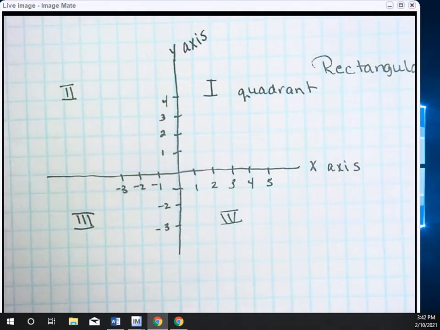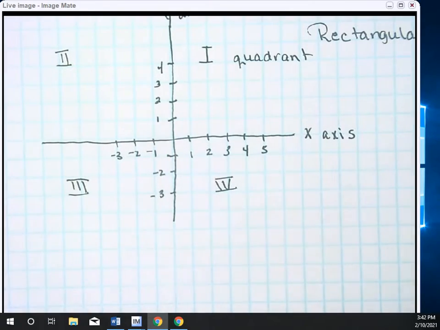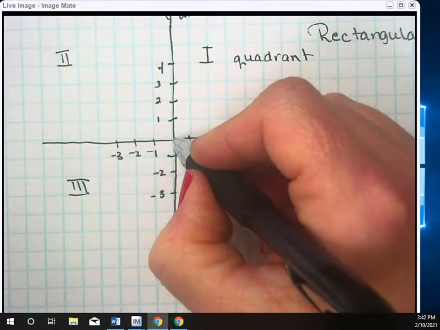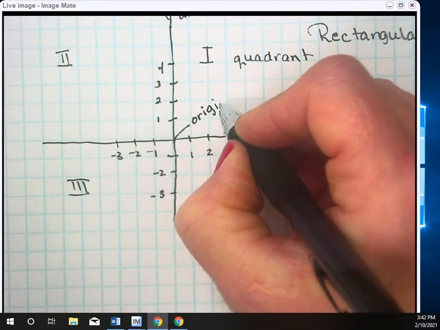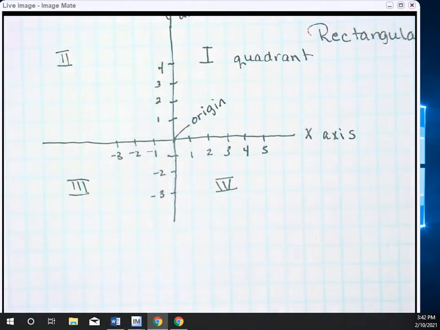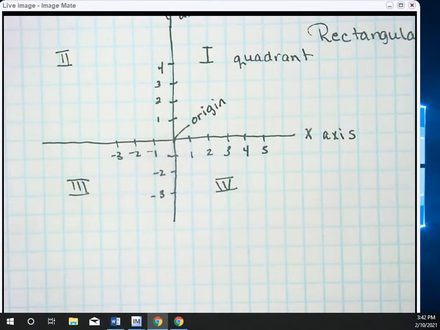And these are Roman numerals that I'm using. The two axes meet at a point called the origin. And the origin is the beginning where you're going to start numbering your ordered pairs.